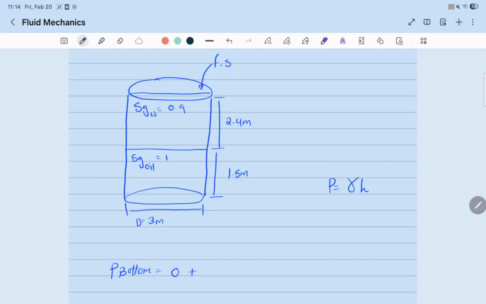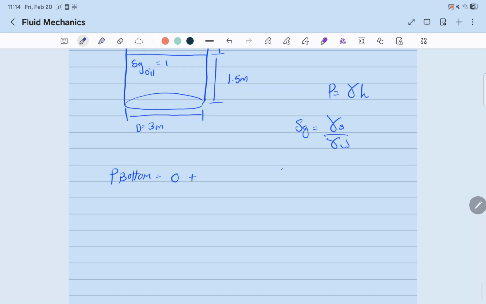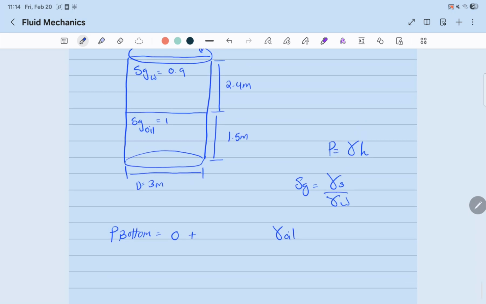Now we know that SG equals the specific weight of the substance divided by the specific weight of water. Since our substance is oil with an SG of 0.9, it will equal 0.9 times 9.81 kilonewtons per meter cube.